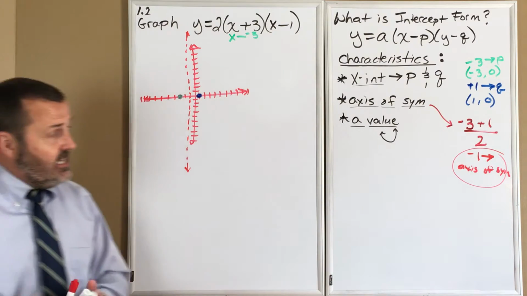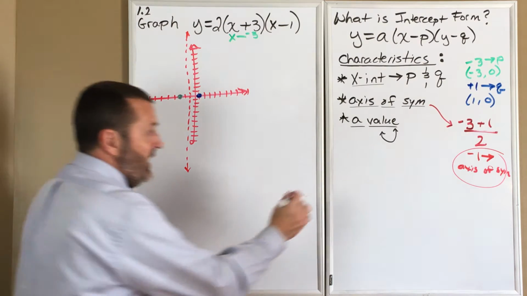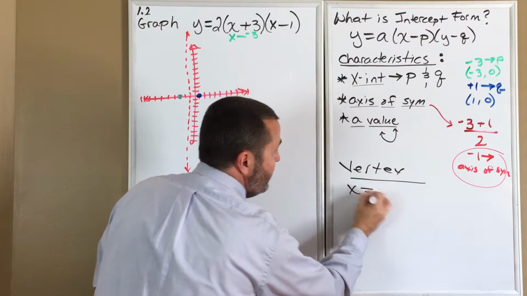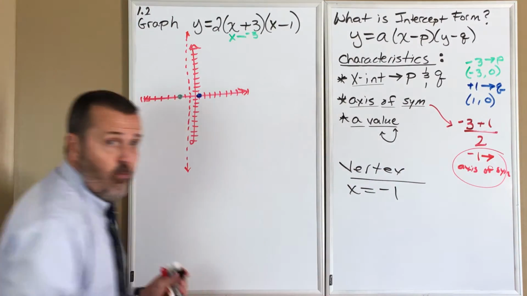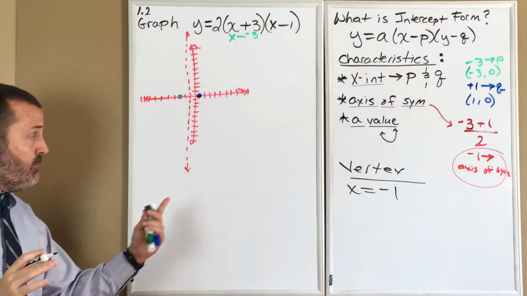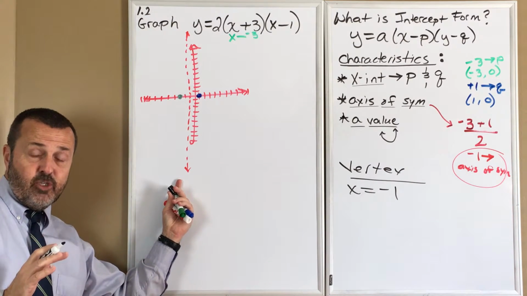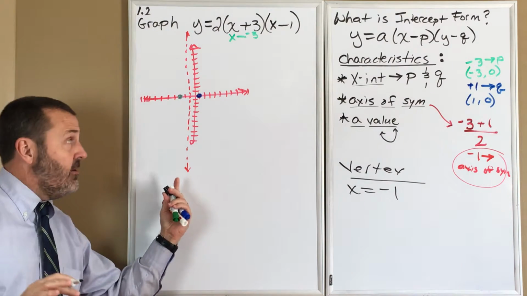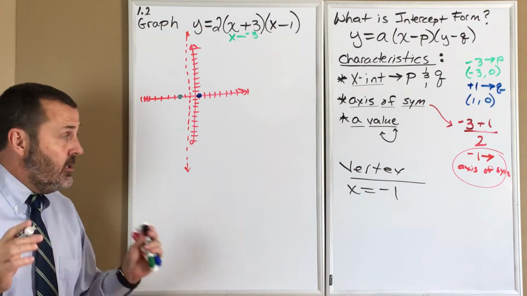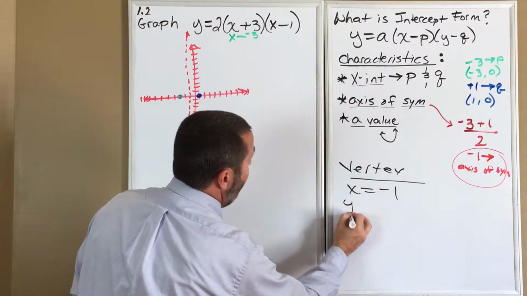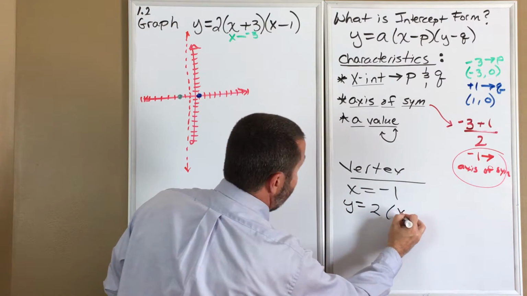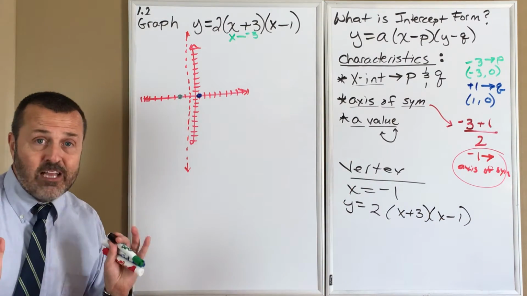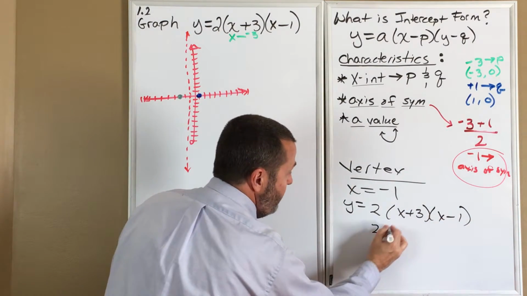The key is we can find the vertex. And how the heck are we going to find the vertex? Well, we're going to use the x value of negative 1. Why negative 1? Because negative 1 was our axis of symmetry, and we know that our vertex falls somewhere on the axis of symmetry. So we can say y equals 2 times x plus 3 times x minus 1. Wherever I see an x, I can plug in a negative 1.